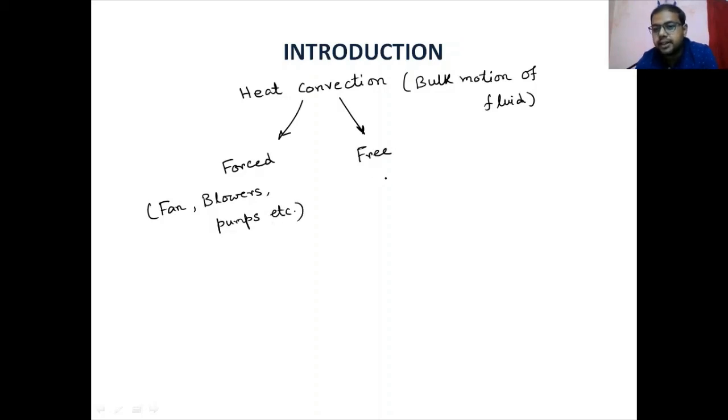Free convection is buoyancy driven flow. Why is buoyancy created? Because of the temperature difference. So delta T, the temperature difference, causes the density difference, and the density difference causes the buoyancy force.